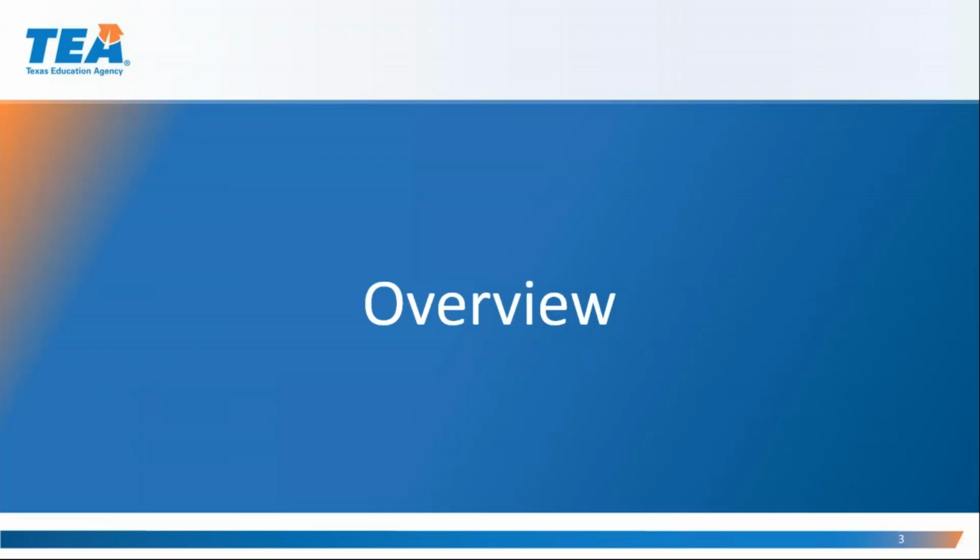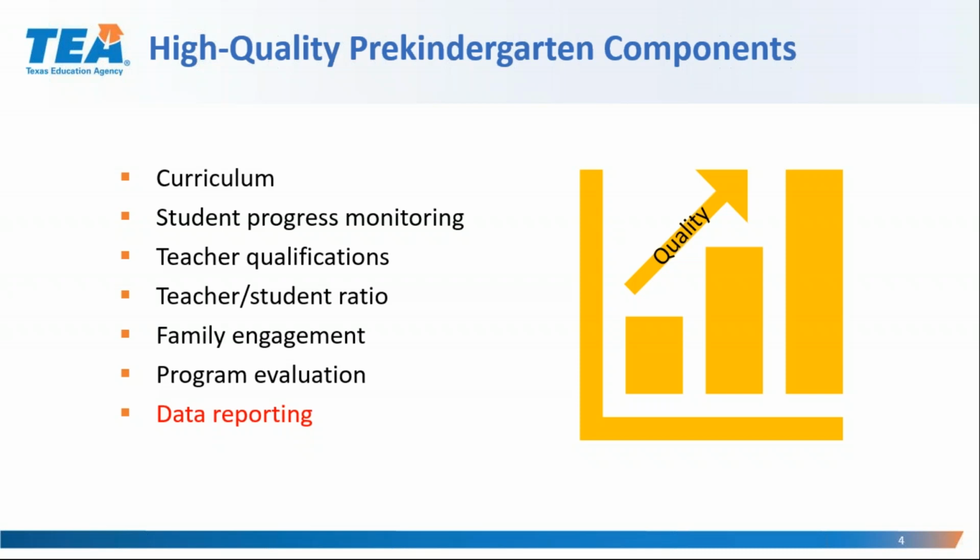So let's look at the overview. This slide lists the high-quality pre-kindergarten components that are referenced in HB3, and they are a requirement of every public pre-kindergarten program within Texas that is serving eligible 4-year-old students. The focus of this particular webinar is on data reporting.